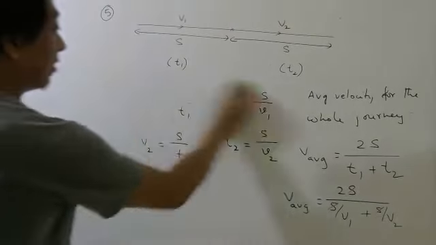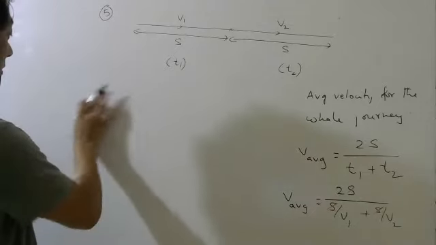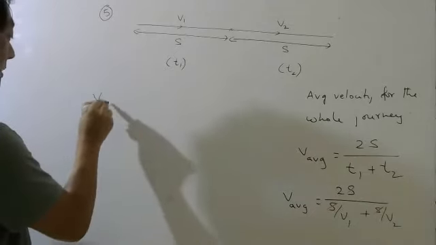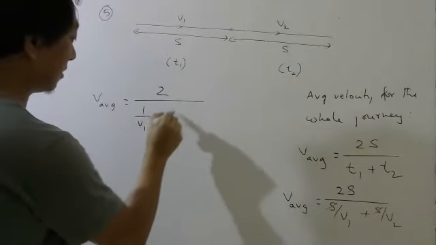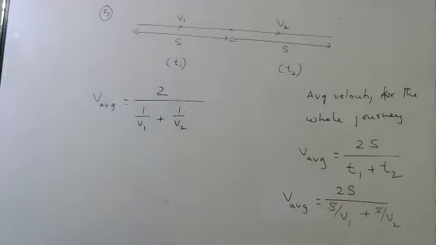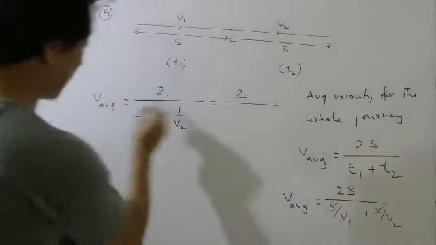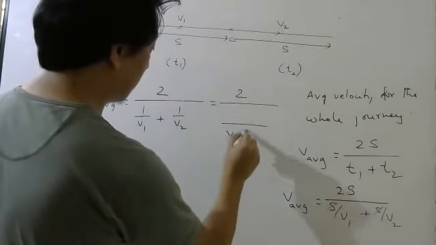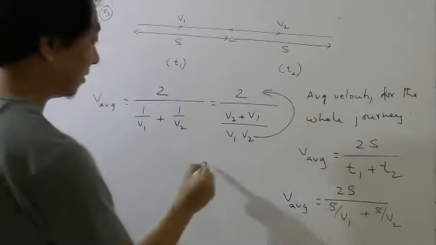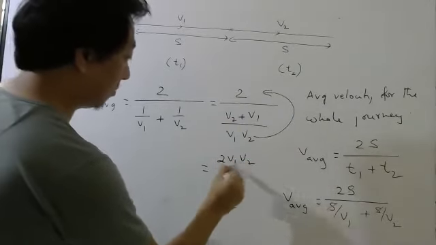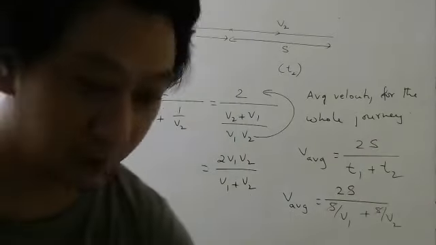So your average velocity will be 2 divided by 1 by v1 plus 1 by v2. Okay, students. Then you can write this also. You can take LCM here, v1 v2, v2 plus v1. Then you can take this up, no? So 2 v1 v2 by v1 plus v2. Which option?